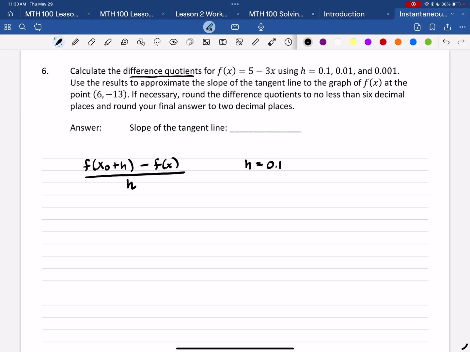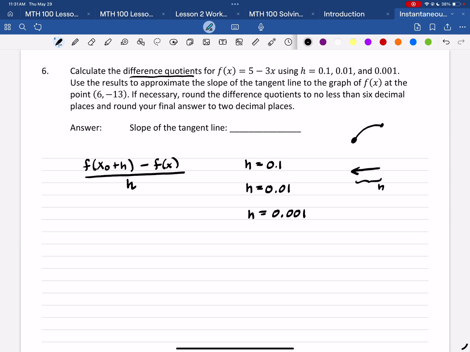That's the first time. Then we'll do h is 0.01, and then we'll do h is 0.001. So here's what we're doing. We're moving that h backwards. This whole distance is h, and it's getting smaller and smaller, so that this point here is moving back over here to this point. That's exactly what we're doing here.